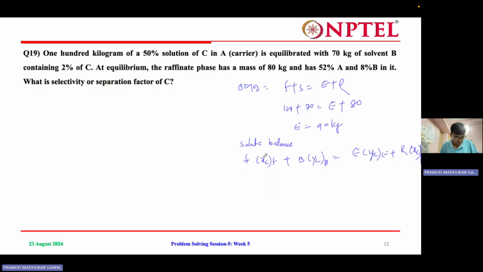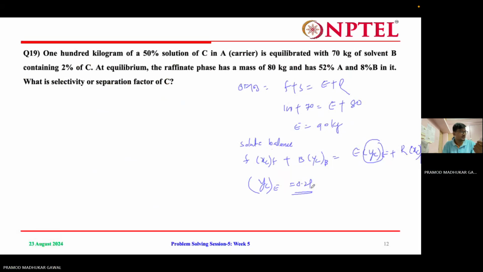So here we don't know only this quantity, all the others are given, so put all the values here and you will get YC, mole fraction of solute in the extract phase, so it's 0.21.